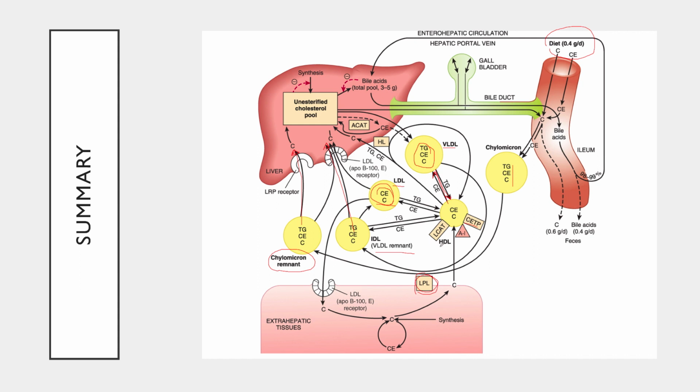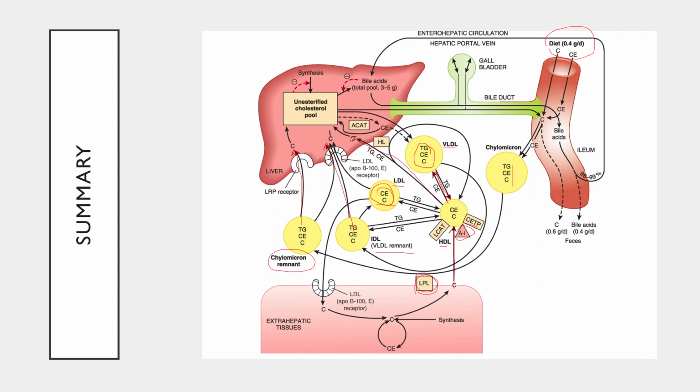Finally, we have our HDL particle, which is in circulation associated with ApoA, our enzyme CETP, as well as LCAT. HDL's primary role is reverse cholesterol transport, so moving cholesterol from peripheral tissues back to the liver.